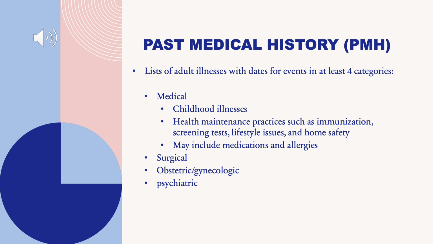You may want to ask what diseases the patient has had. Has the patient fractured any bones? Are the recommended vaccines per CDC guidelines up to date? It may include medications and allergies as well.